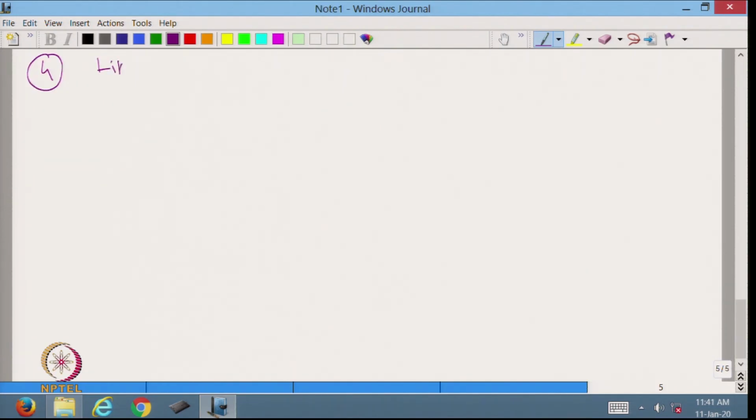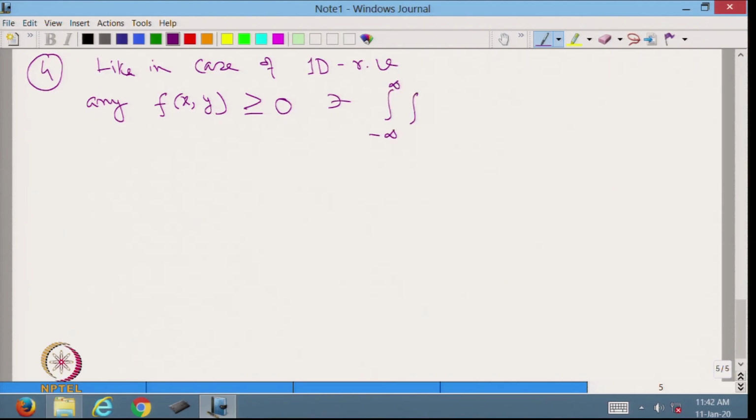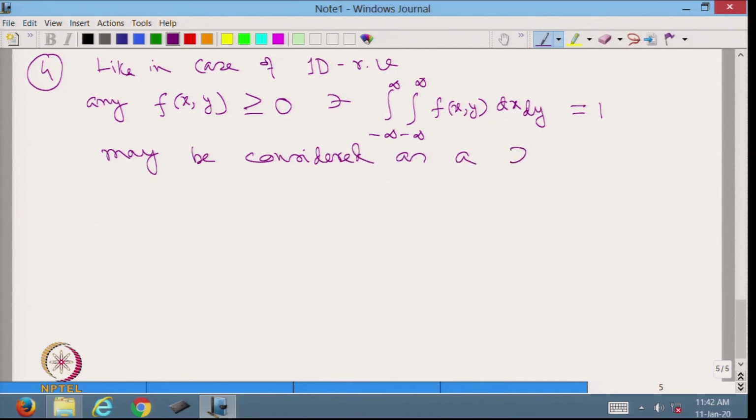Like in case of a one dimensional random variable, any f(x,y) greater than or equal to 0 such that the integration from minus infinity to infinity of f(x,y) dx dy equal to 1 may be considered as a 2D joint PDF. 5.